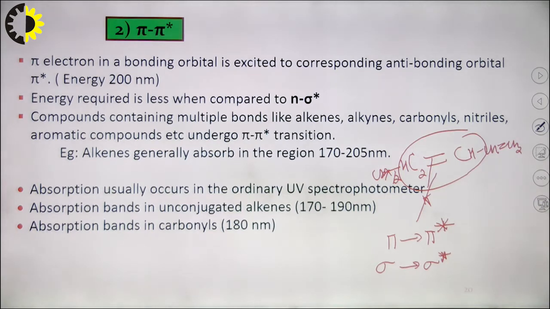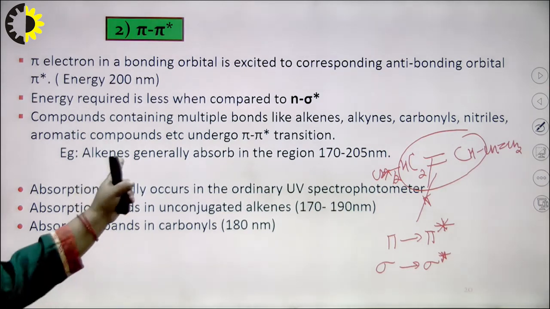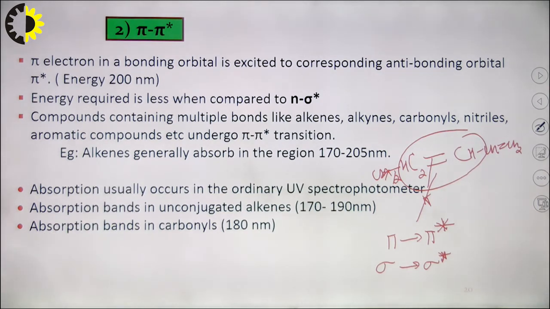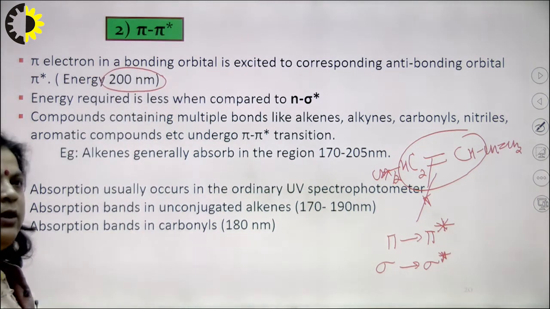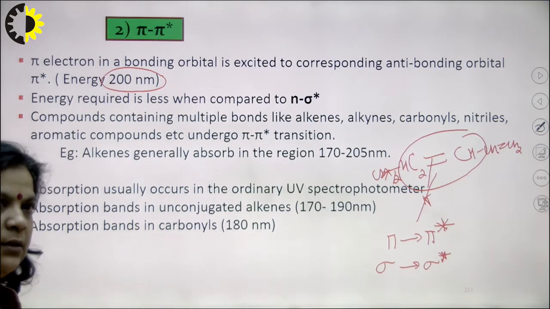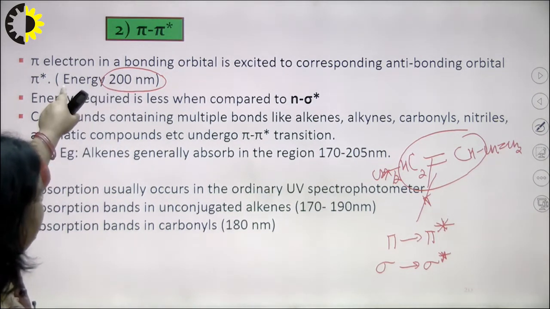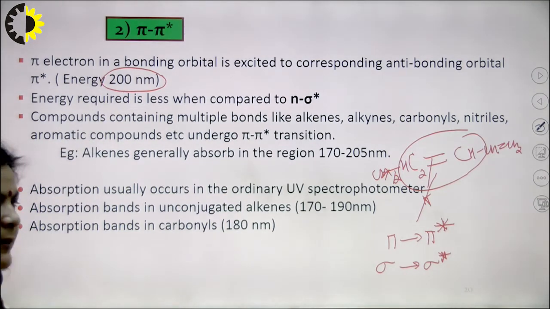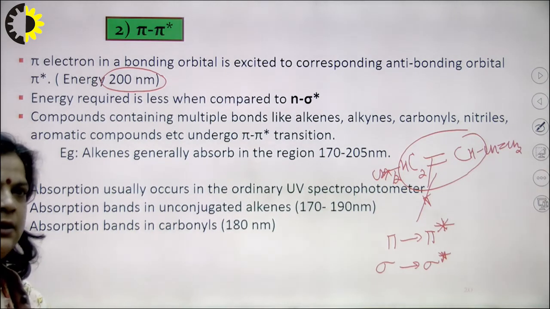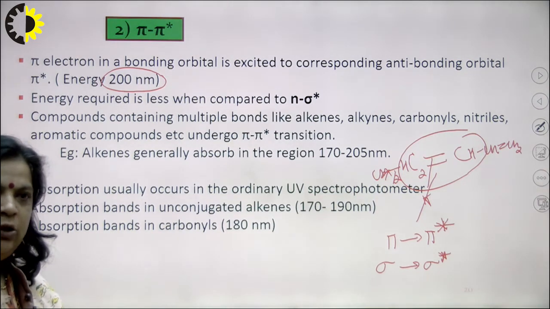The compounds containing multiple bonds without heteroatom undergo pi to pi star transition, and the absorption corresponds to 200 nanometer. This is the wavelength, and when we find the energy by E is equal to hc upon lambda, we can find the energy. Absorption usually occurs in an ordinary UV spectrophotometer.